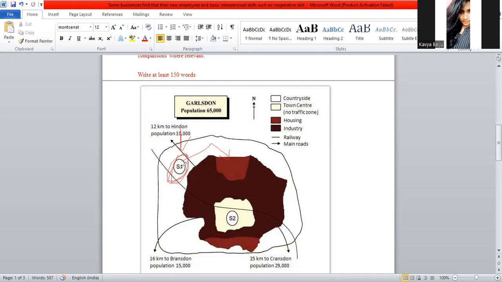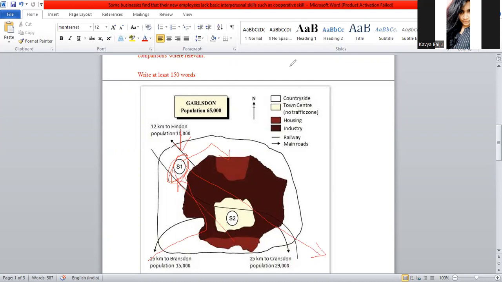So this proposed site is very distal from the town Garlsdon, and almost distal from the town Bradston and from the housing establishment at the south.